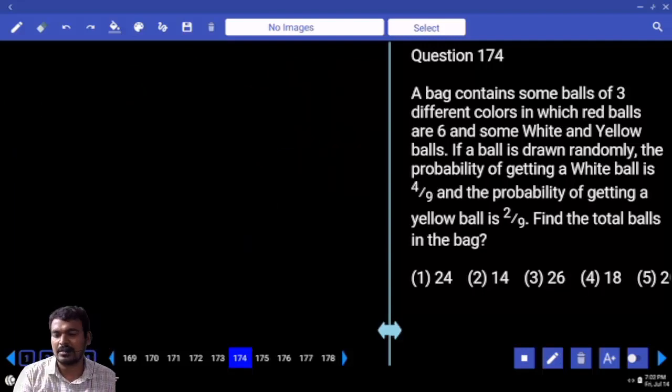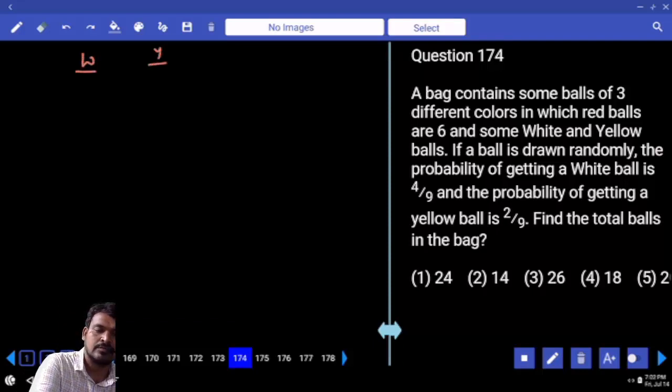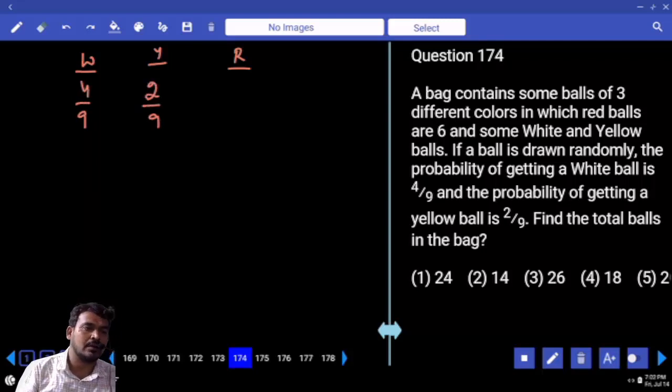First of all, how many colors are there? 3 colors. One will be white, another yellow, and the next one red. What is the white probability given? 4 by 9. What is the yellow probability? 2 by 9. 4 by 9 plus 2 by 9 is 6 by 9, which is the fraction 2 by 3. 2 by 3 are white and yellow, so the remaining 1 by 3 is which one?